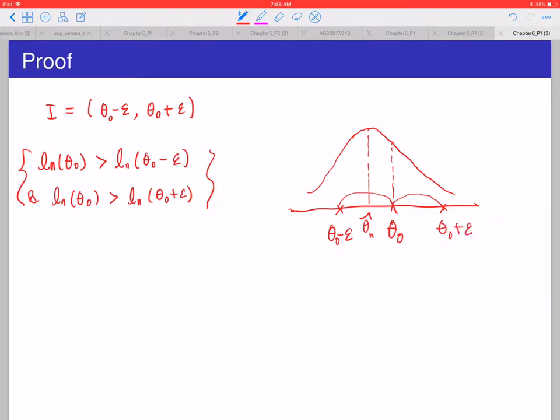So what we care about is that if this is true, so the first event is this, L at zeta null. The log-likelihood function at zeta null is higher than at zeta minus epsilon, and also at zeta plus epsilon.